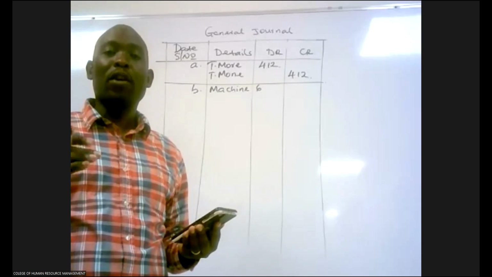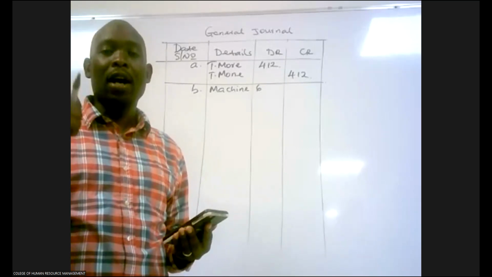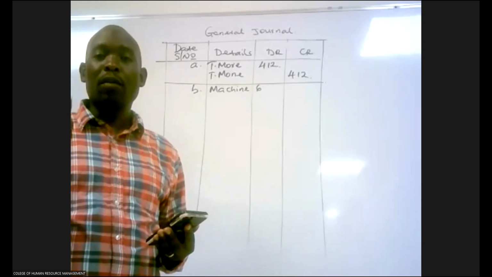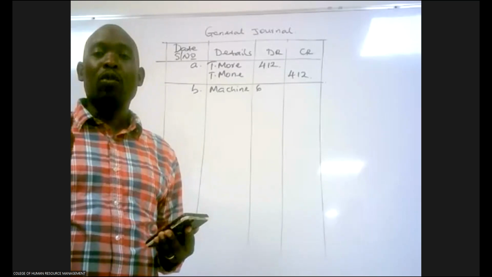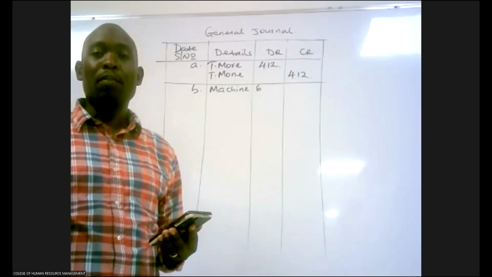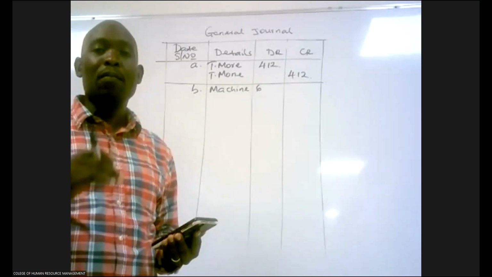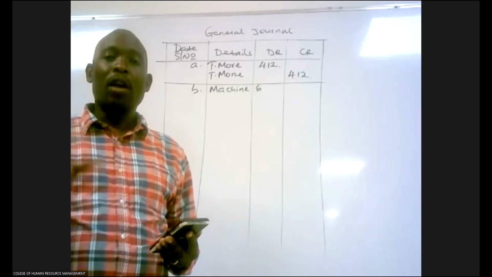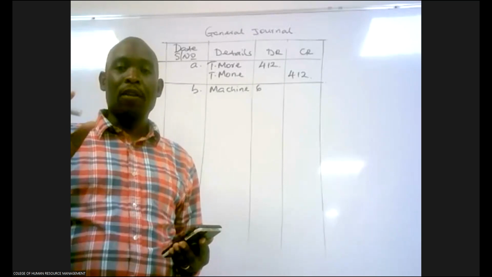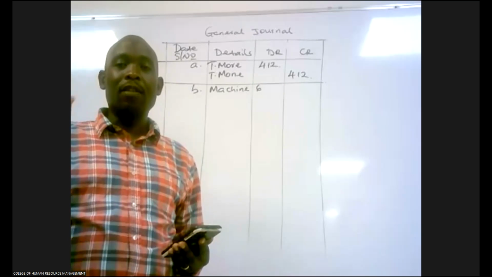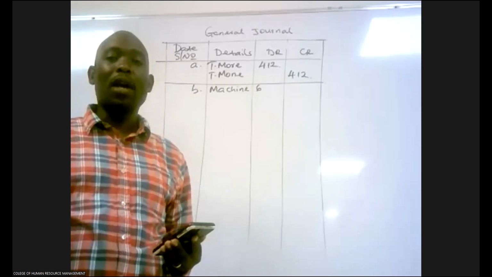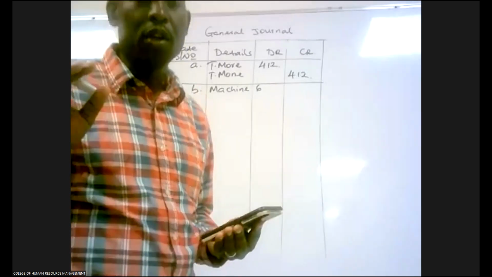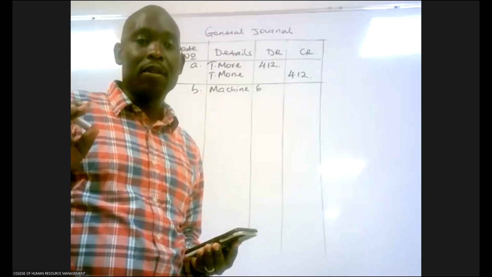It is going to be recorded in its own name account. So we cannot put it in purchases because it was not stock. It was simply an item to be used in the business, and actually we don't know when the business will dispose of it. So anytime you buy a fixed asset, you are not buying it with the intention of selling, so you don't record it under purchases.